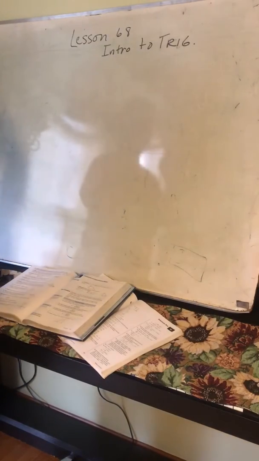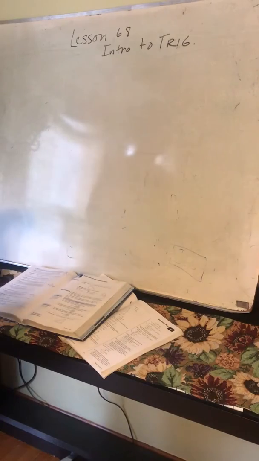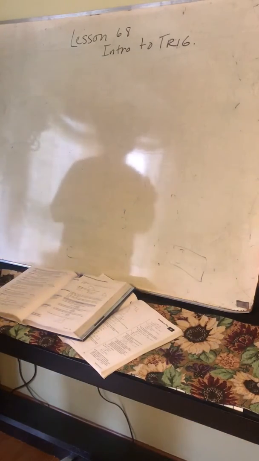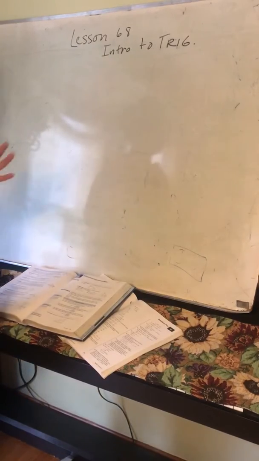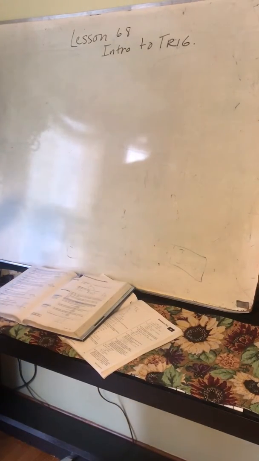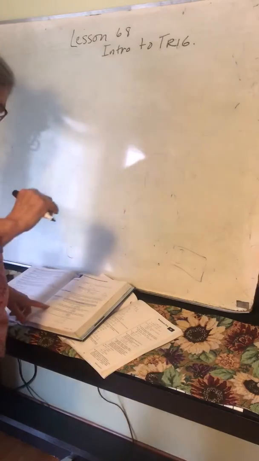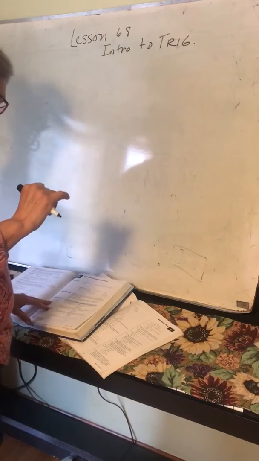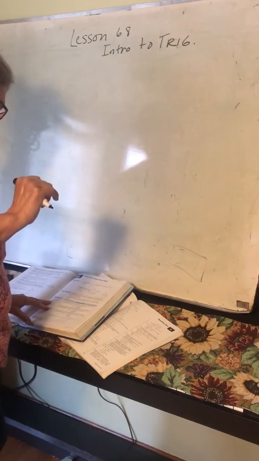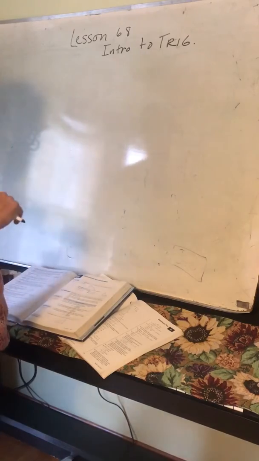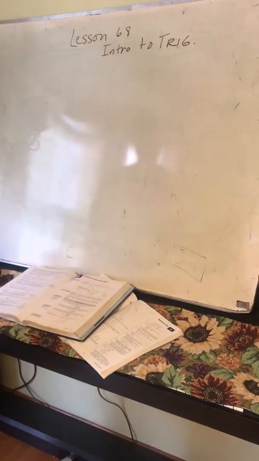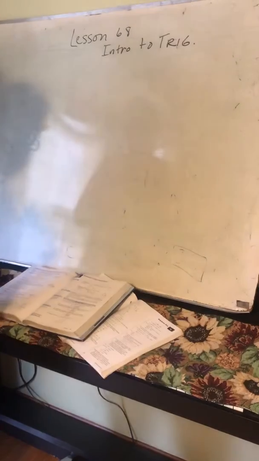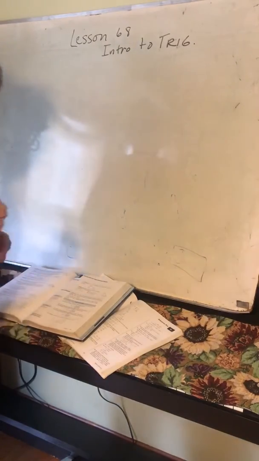So if you have just an angle and one side of a right triangle, you can figure out what the other sides and angles are, what their measurements are, or the degrees of the angles. And there are three ratios that we use to do that, trig ratios.